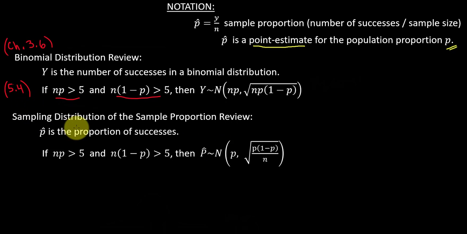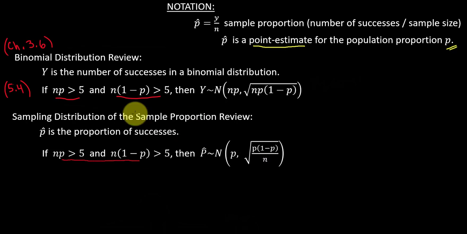And then following that up, the sampling distribution of the sample proportion would also be approximately distributed normally, again, if these criteria are met, and the center, or the mean, and standard deviation were given by these quantities. So that's a good review there.